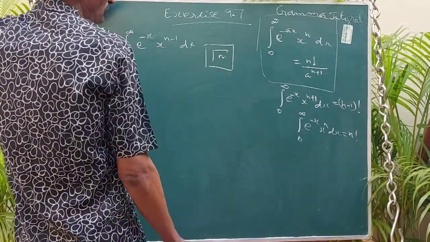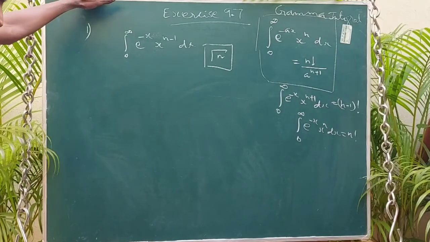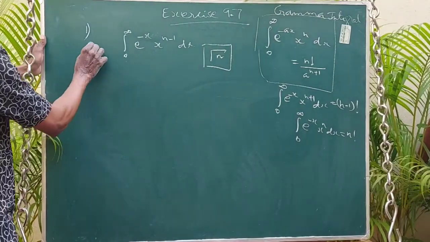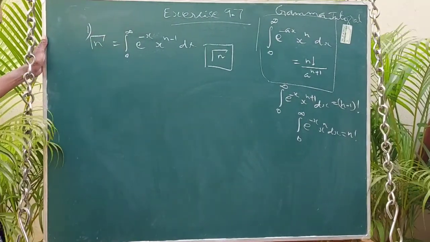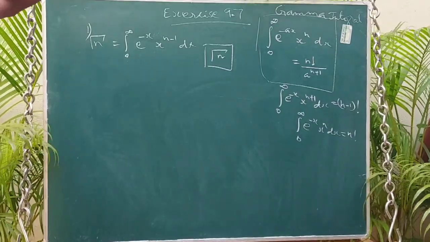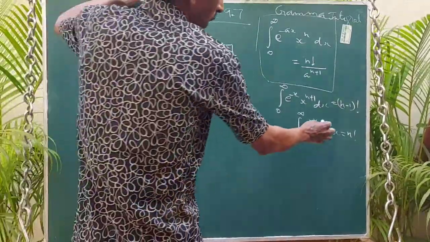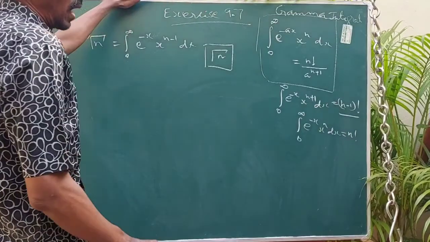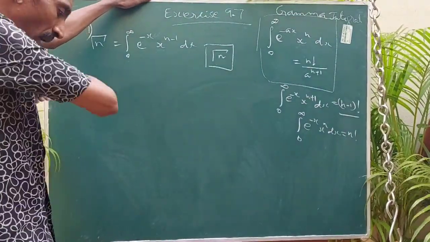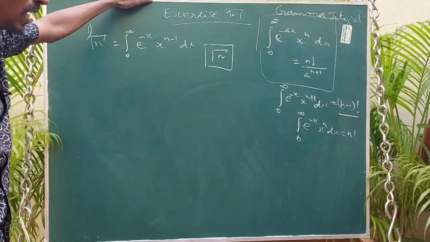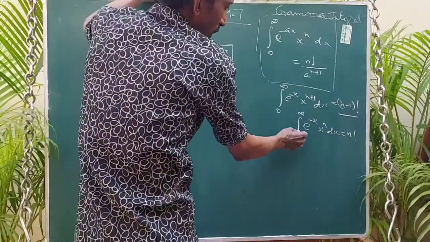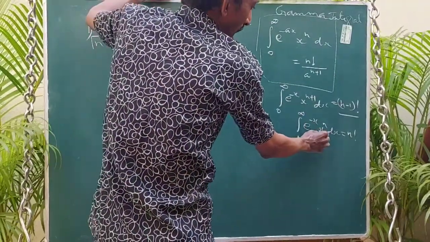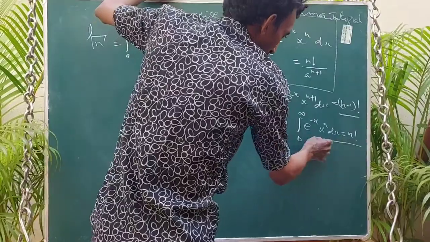Okay, we can simply write it as gamma of n. So how they are defining means the value of the integral is nothing but n minus 1 factorial. Or integral 0 to infinity e power minus x, x power n dx equal to n factorial.